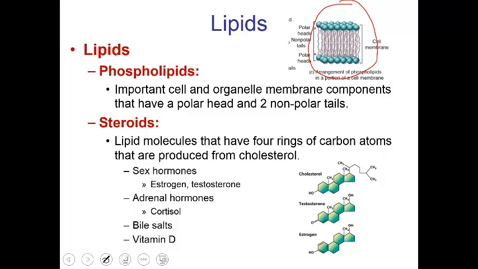And vitamin D. Our bodies are naturally capable of absorbing the UV radiation from sunlight and making vitamin D. When we go over the integumentary system, we are going to talk about vitamin D and how our body produces this vitamin.